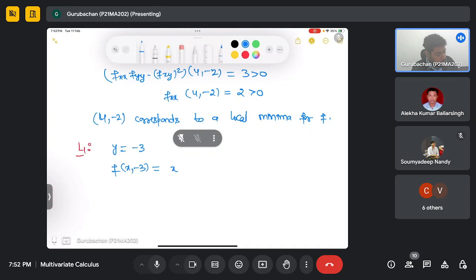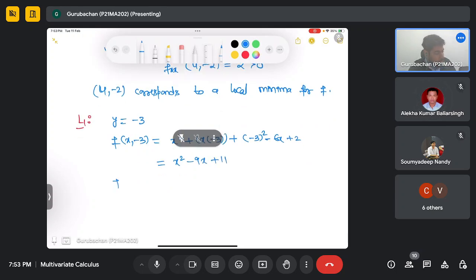So it will come out to be x square plus x times minus 3 plus minus 3 whole square minus 6x plus 2. So this will give us x square minus 9x plus 11, right? Yes.